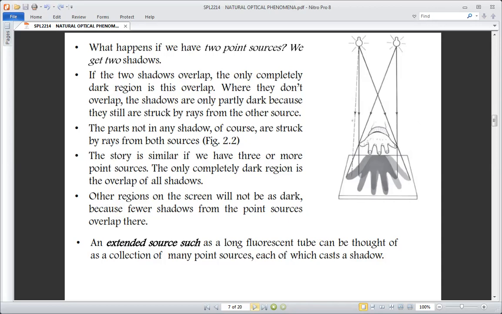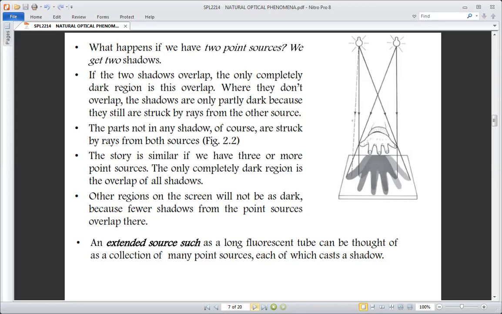This concept is the same concept that is seen when you have a very long tube, like a fluorescent tube. When you have a very long tube, each point on that fluorescent tube behaves like a point source. Each of those point sources will produce a shadow, and those shadows will be dark where they overlap. So when you have an extended source, you will have the central part becoming darker compared to the edges.